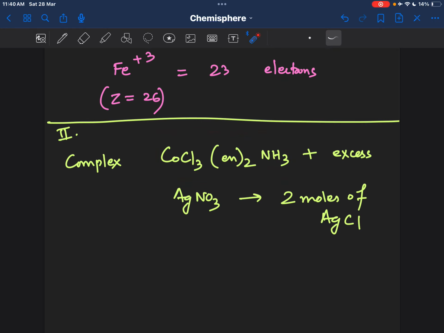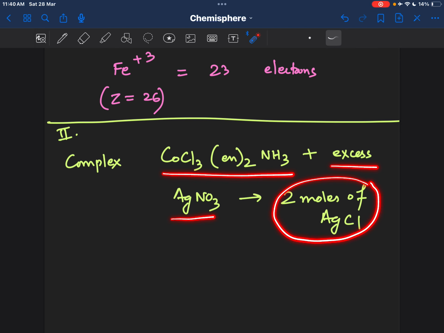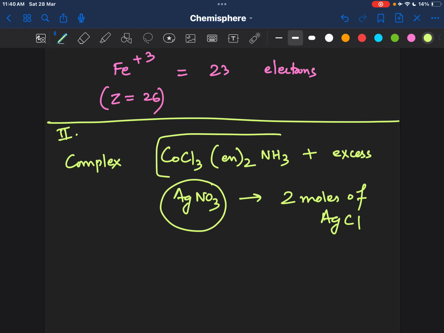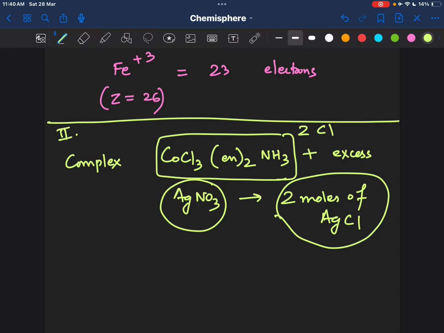Since AgNO3 reacts with this complex and we get 2 moles of AgCl, there must be 2 Cl atoms outside the coordination sphere.